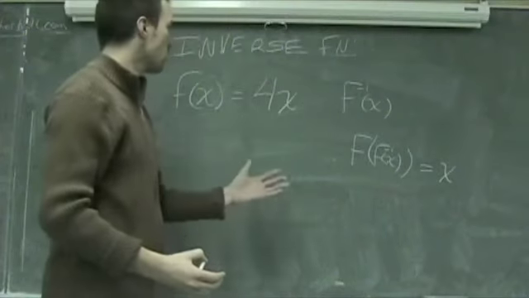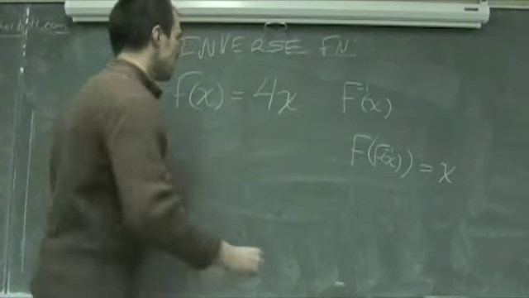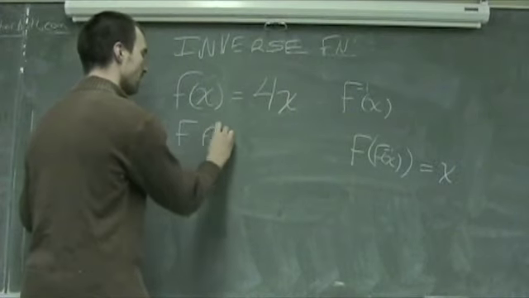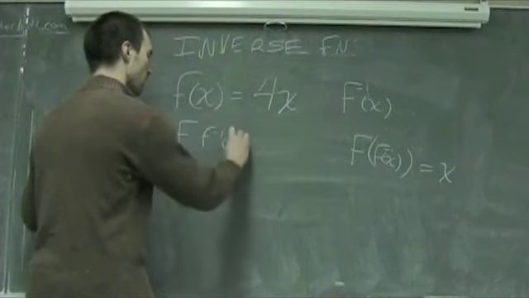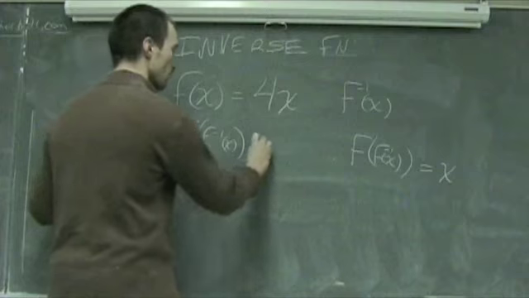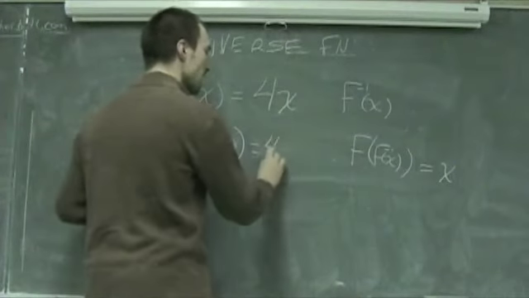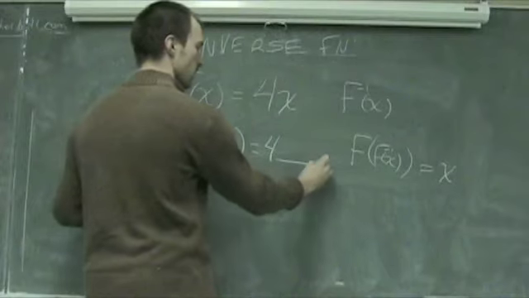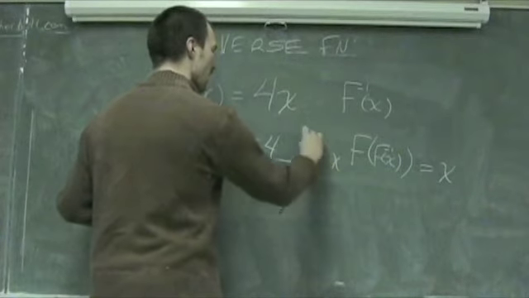And so, let's try it this way. Looking for the f of f inverse of x, I'm going to have 4 times something, and it needs to give me x.